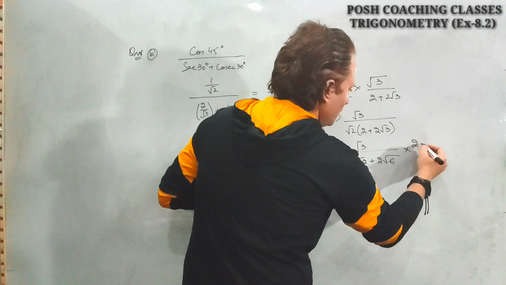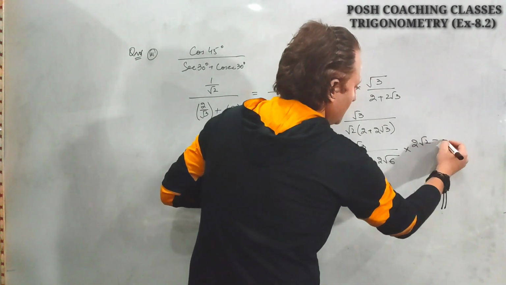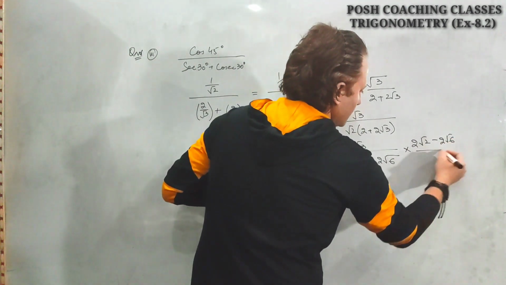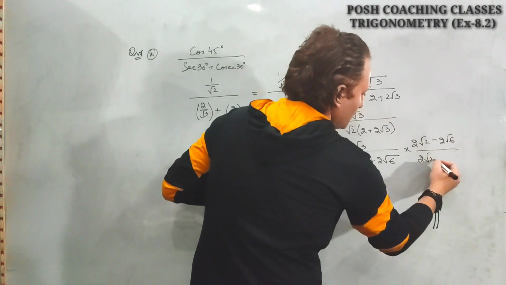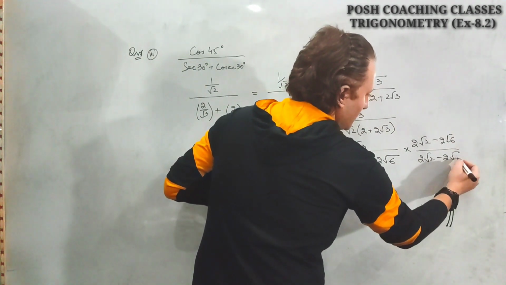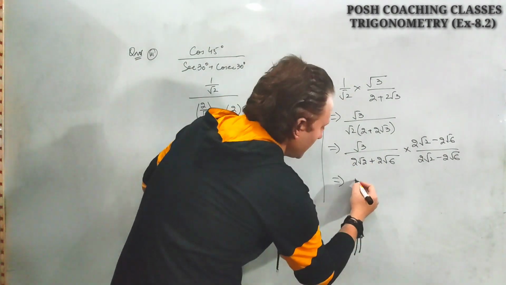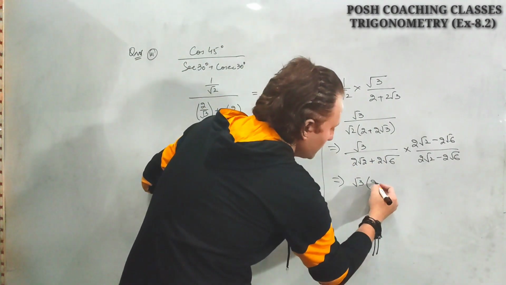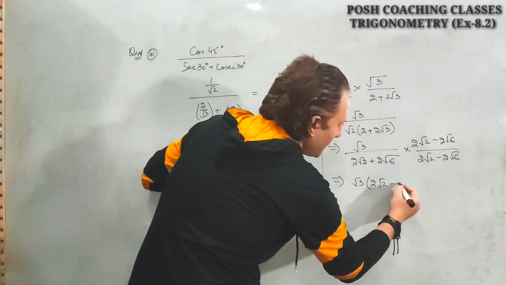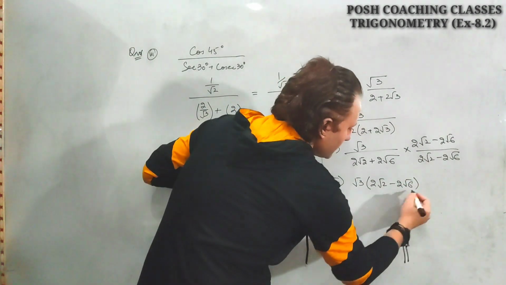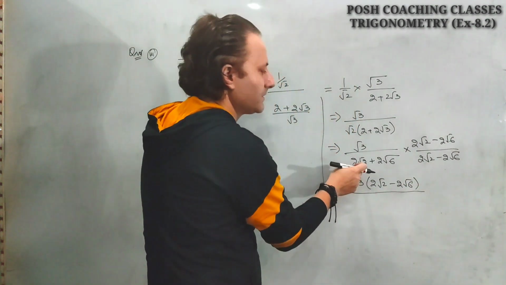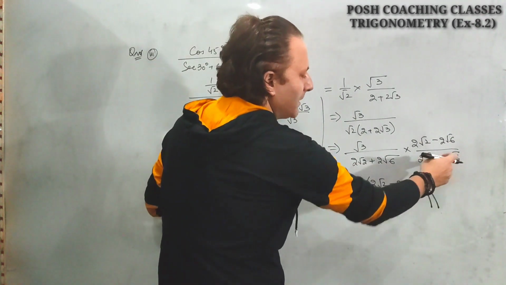So it is 2 under root 2 minus 2 under root 6, then 2 under root 2 minus 2 under root 6. Okay, now what we can do, we can multiply under root 3 with 2 under root 2 minus 2 under root 6. Here this is a plus b multiplied by a minus b.